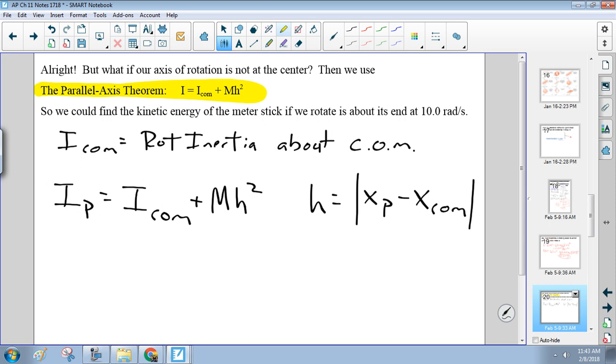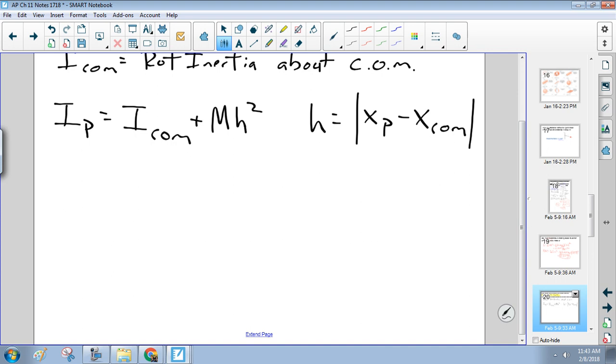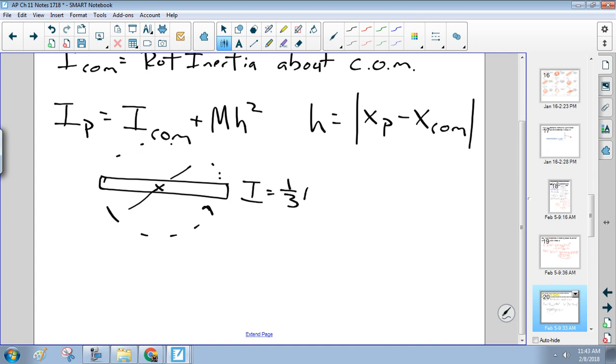Okay? So if I want to take my meter stick, so what we just did was this. We had the meter stick like this, right? And we rotated it around that axis of rotation, and we discovered that I was 1/3 m r squared, where this is r, right?